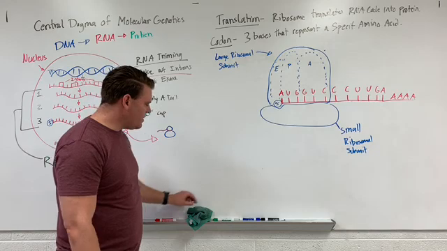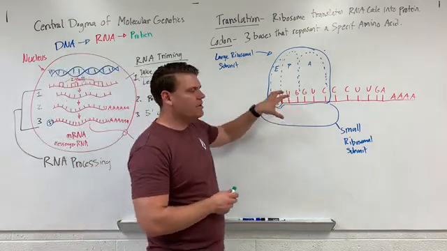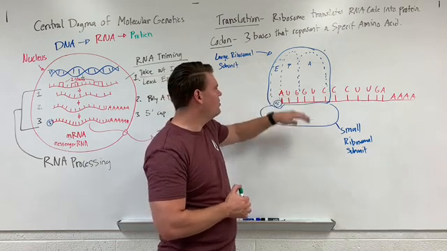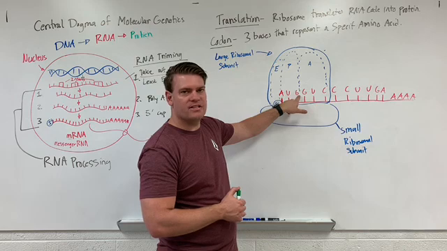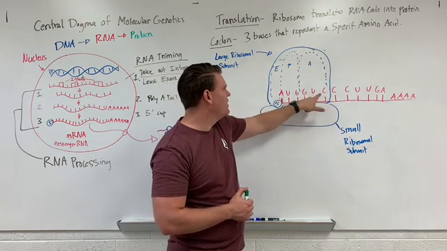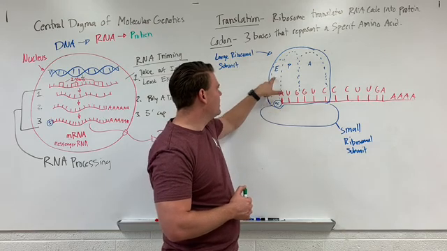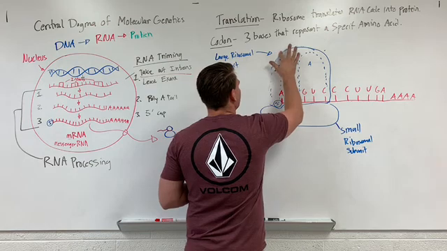And what's going to end up happening is each one of these sites is going to be used to help read our codons. So you can see the P site is over 3 bases, so 1 codon. Our A site's over another 3, and eventually our E site will also be over 3. So probably need to make this a little bit bigger to show that.